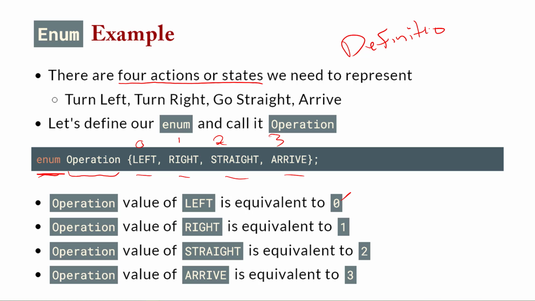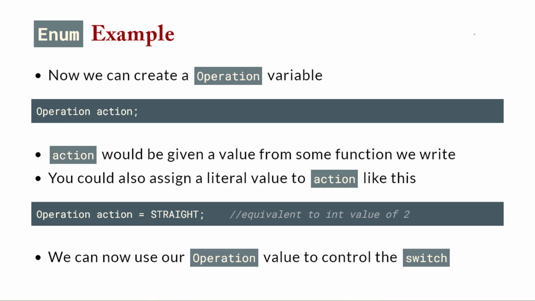And now, how do we use these? Okay, well now we create an operation variable, just like you would create an object. So you say the name of my enum, operation, and then the name of my variable, action, right? Just like, as an example, saying string message, or whatever you might do, okay?